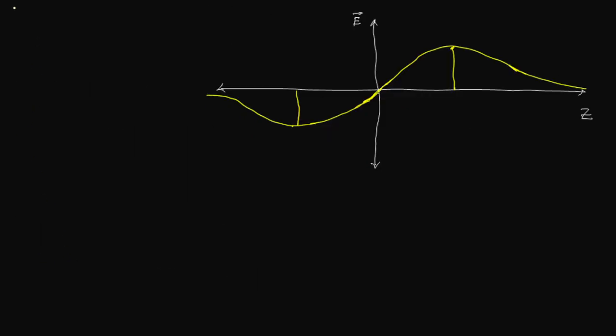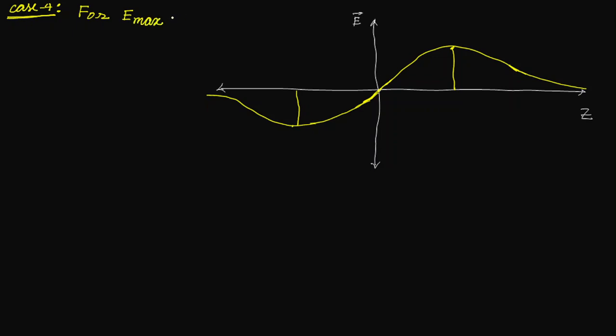Now case 4: we are interested in calculating the maximum electric field, for what value of z the electric field will be maximum, and what the maximum electric field will be. So we can write for Emax.